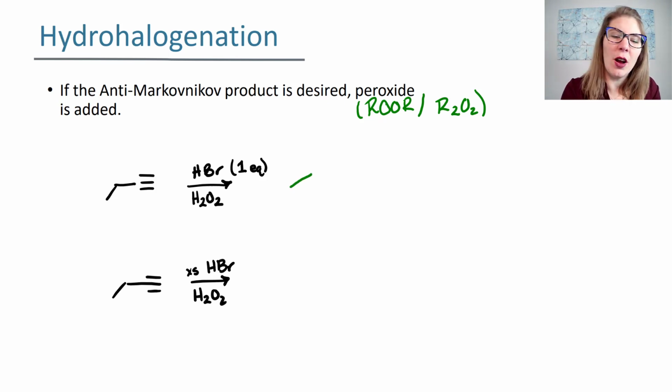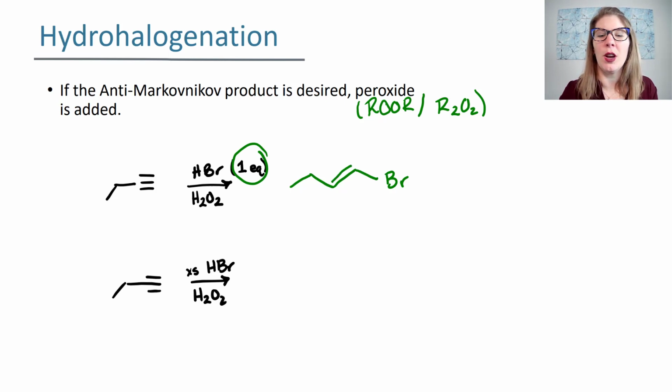So let's again draw out our 4 carbons, and now our bromine is going to go to the less substituted side. If we only had one equivalent, that means only one of the pi bonds reacts, so we still have that one pi bond. Now, in this case, you can actually get both stereoisomers. You can get the trans product and you can get the cis product.